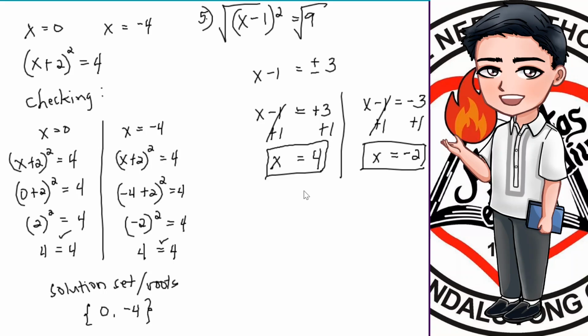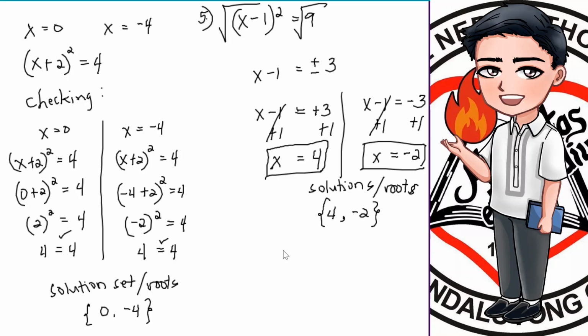So the two values of x, our solutions or our roots, are 4 and negative 2, right? So these are the solution set.